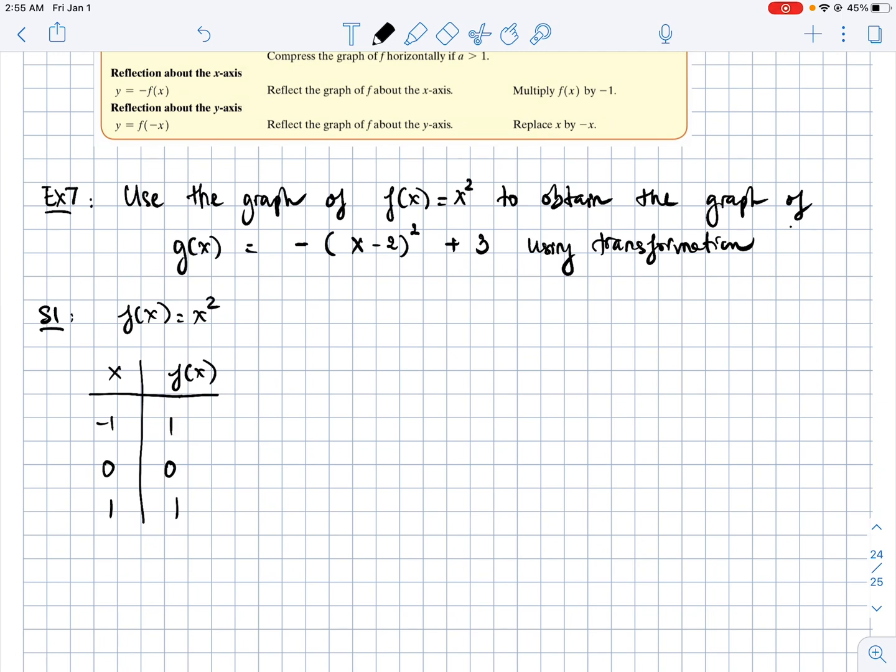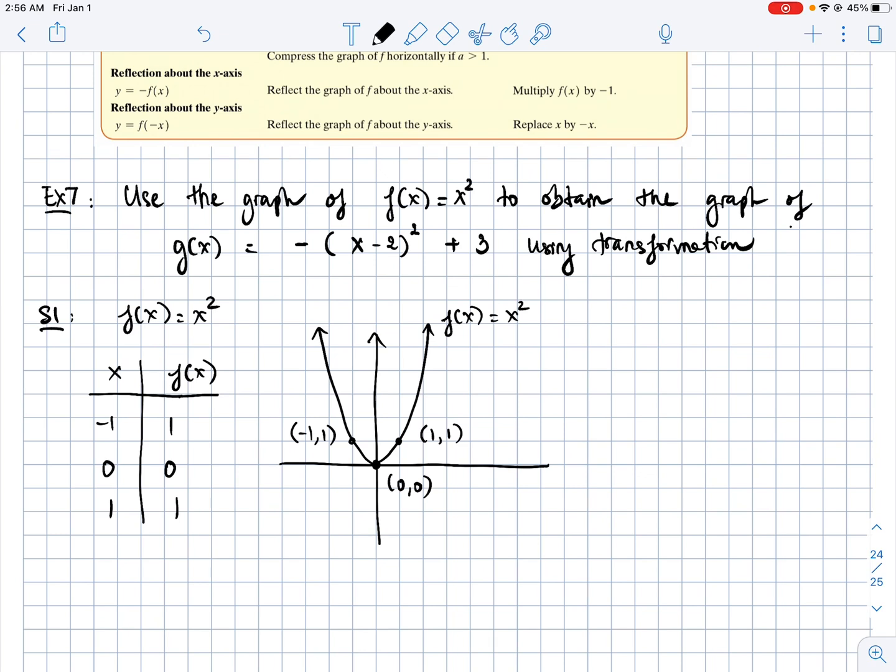We will make the table, and the requirement for this section is we make 3 points: 0, 0, 1, 1, and negative 1, 1. This is the function f of x equal to x squared, and that is step number 1.